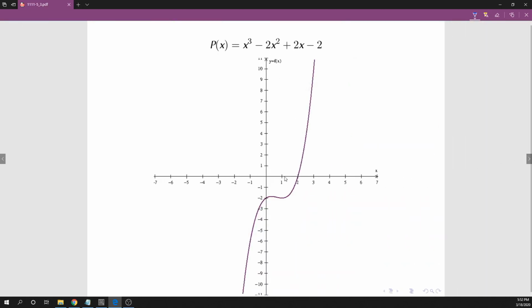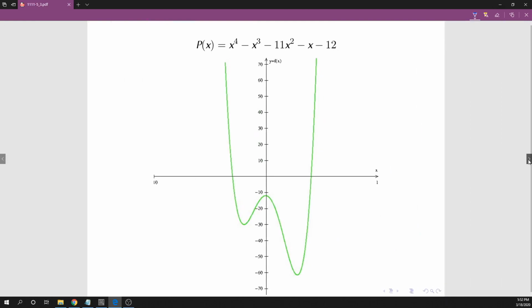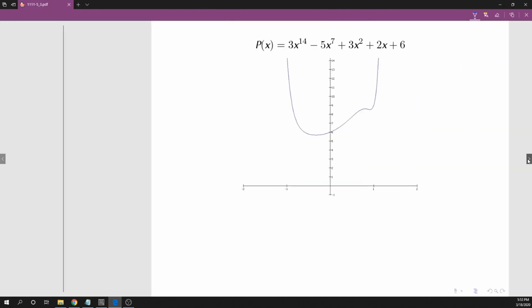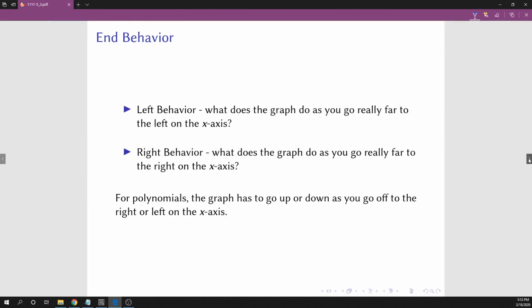On this one, as we go far off to the right, the graph keeps continuing up, and if we go really far off to the left, the graph keeps going down. On this one, it goes up on both ends. On this one, it goes up as we go to the right, and it goes down if we're going off to the left like this. And this one goes up on both ends.